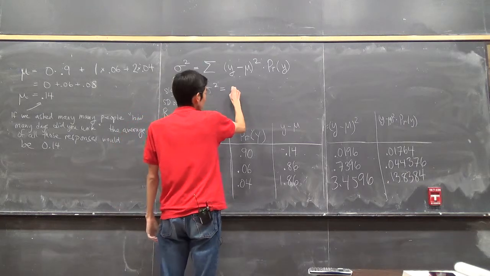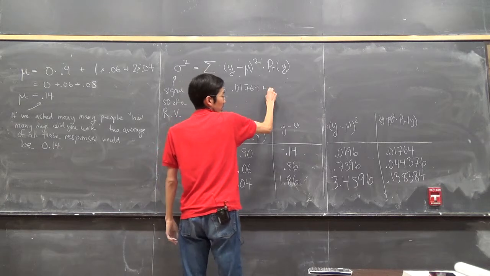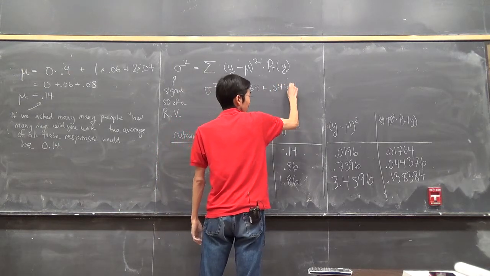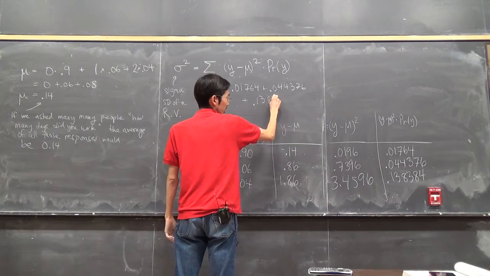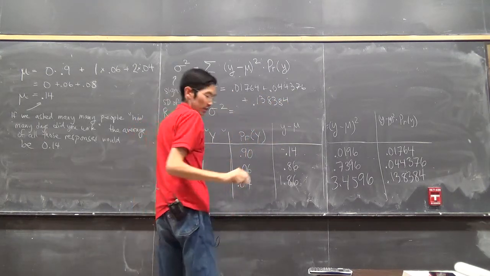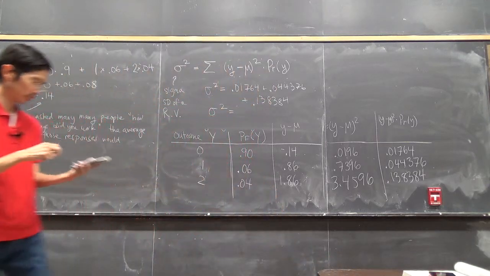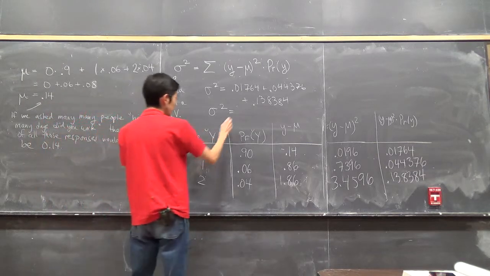Is equal to, just add all of those numbers up and get 0.2004.